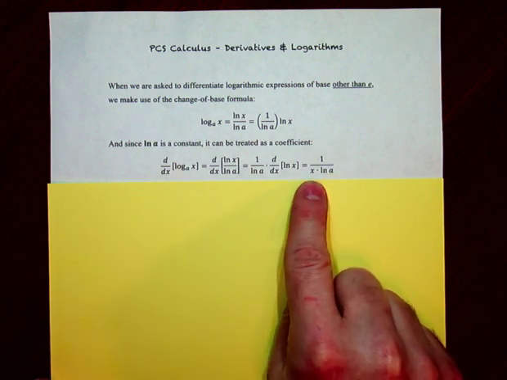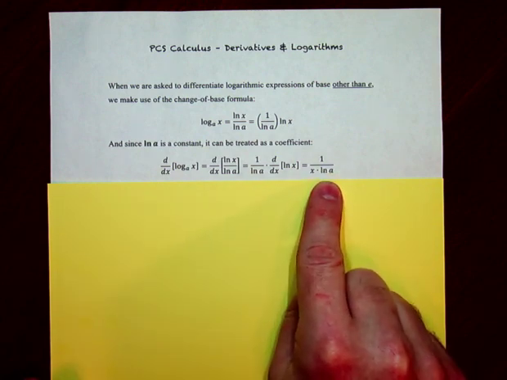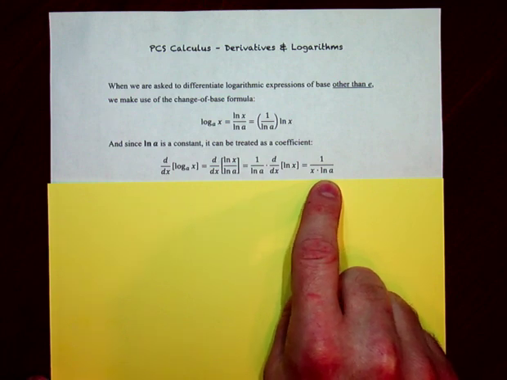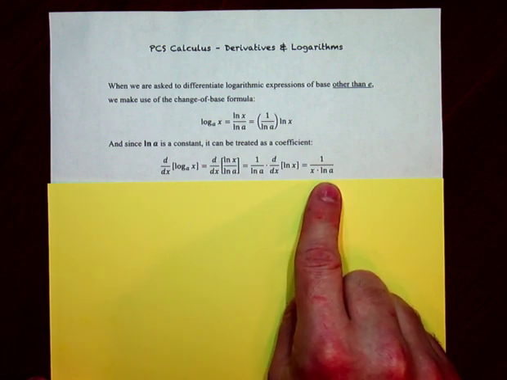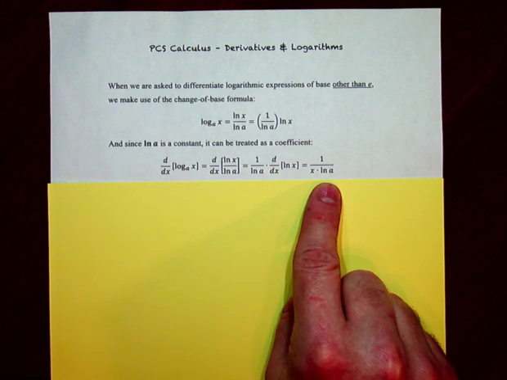Now, I put the x out in front of the natural log a because oftentimes if we're not using parentheses or not real careful with our notation, there can be some ambiguity as to what is a part of the argument of the logarithm and what's not.